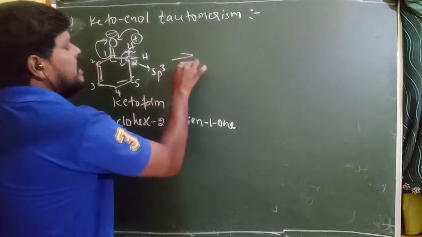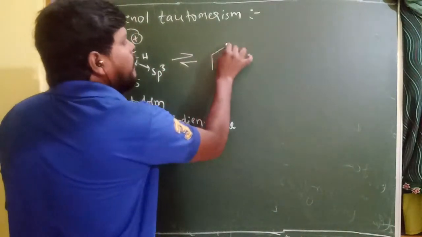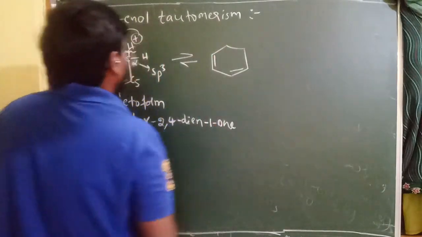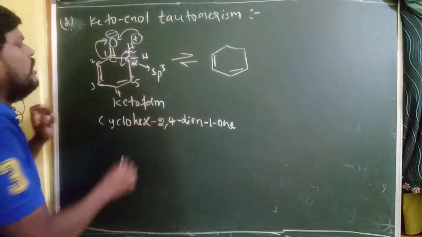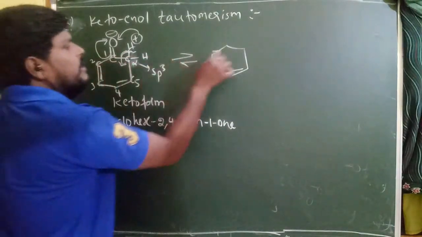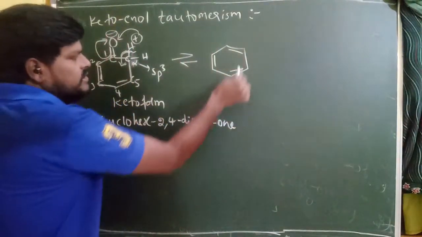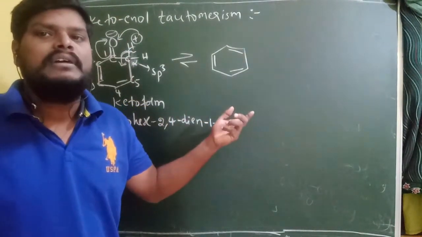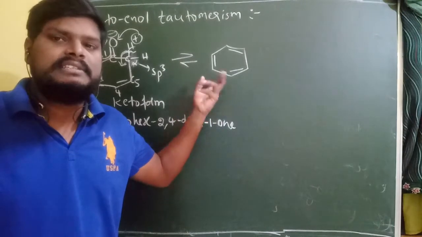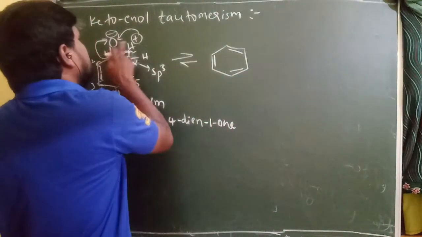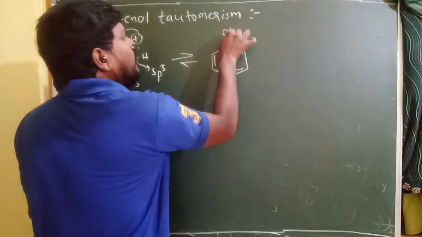So what happens here is that the existing pi bond remains, and one new pi bond appears between carbon and carbon. Now this is benzene, which has aromatic nature and extended conjugation is possible, and oxygen plus hydrogen forms an alcohol.